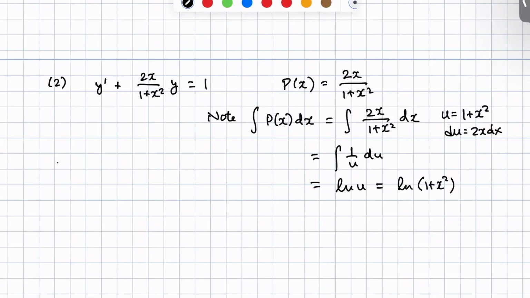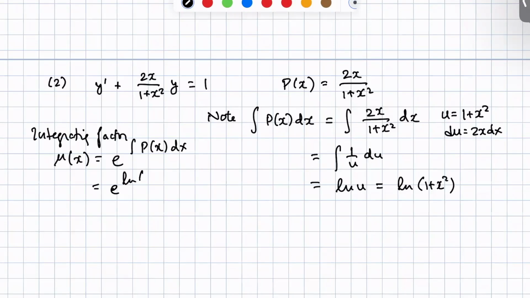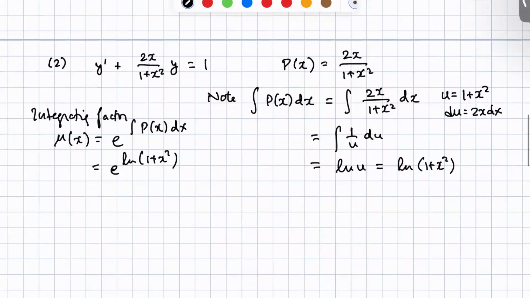So my integrating factor is mu of x equals e to the integral of p of x dx. And the integral of p of x dx is ln of 1 plus x squared. So the e and the log cancel out, and my integrating factor is 1 plus x squared.